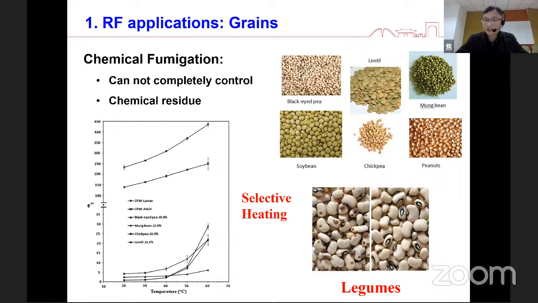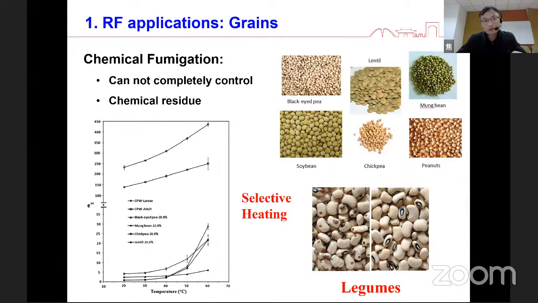The eggs are generally located inside the grains, so it's really hard for chemical fumigation to kill them. That's why rice will have insects, especially after the summer. Currently for the industry, there are no suitable methods to kill the eggs of the insects.